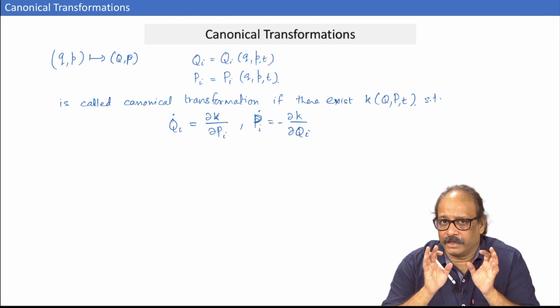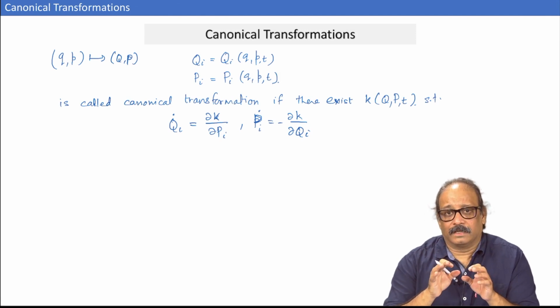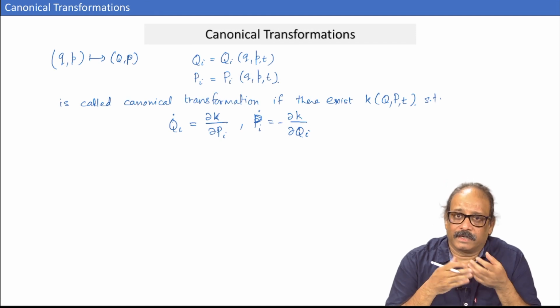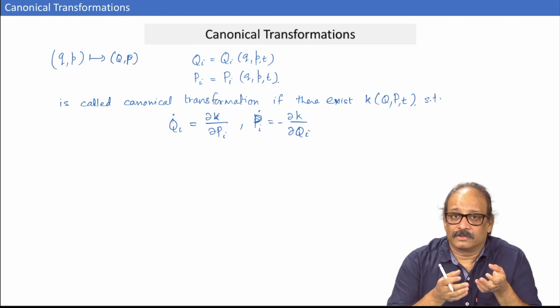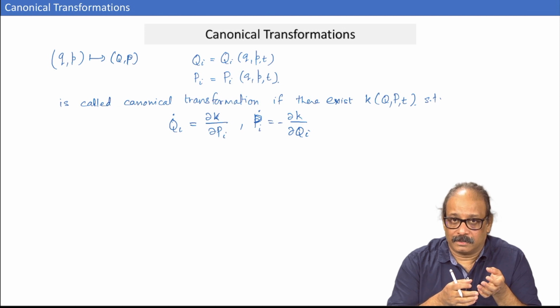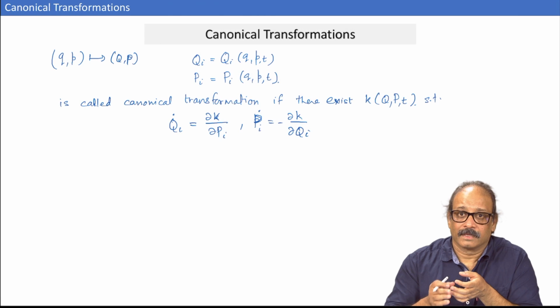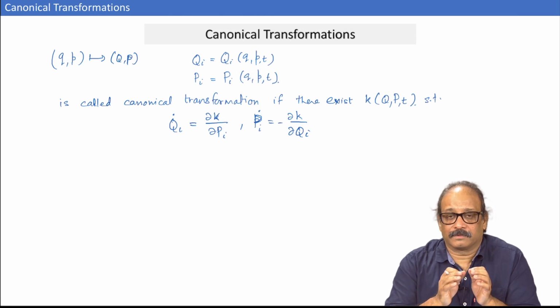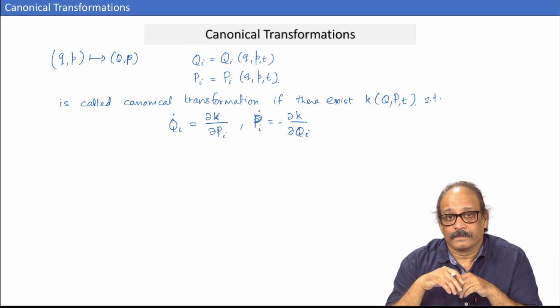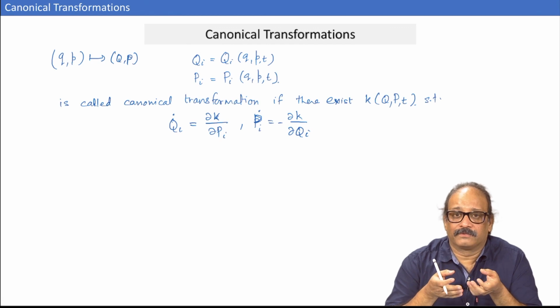Now, we already are familiar with such an idea. See, in general, in the phase space you can make any arbitrary transformation, but those transformations will not preserve the structure of the Hamilton's equations. We are looking for special transformations which do so. Now, where else have we seen this?